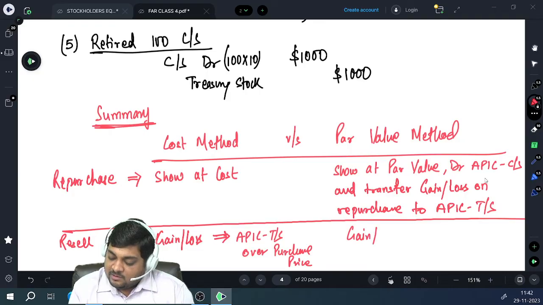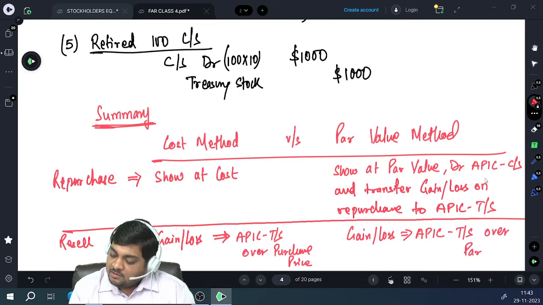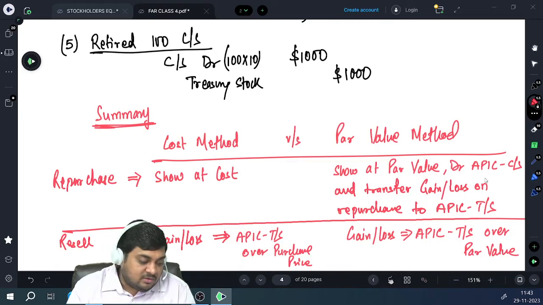Here, gain or loss to additional paid in capital treasury stock over par value.